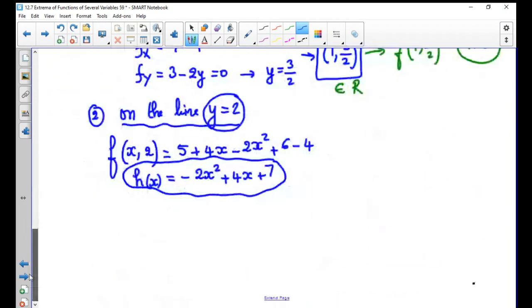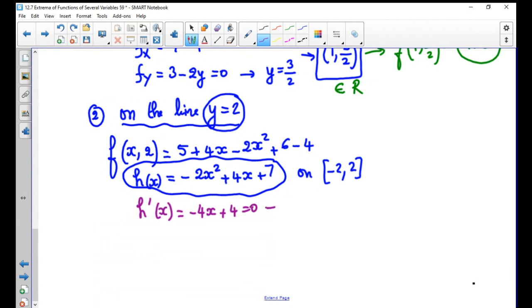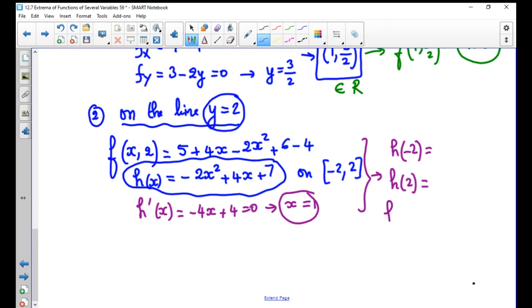So now I have a function of one variable which I will study on the interval minus 2 to 2. Now this is what we did before, so I need its derivative. It's minus 4x plus 4, make that equal to 0, so you get x equal 1. So now we have to have a look at the three values. It's like that table, but I'm not going to make a table here. I will just look at the three values and put them here.